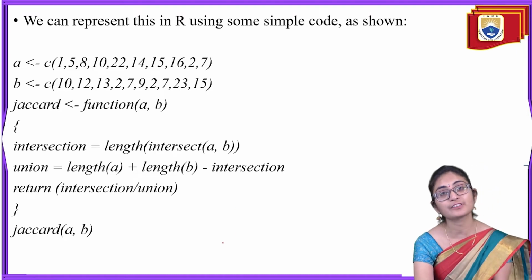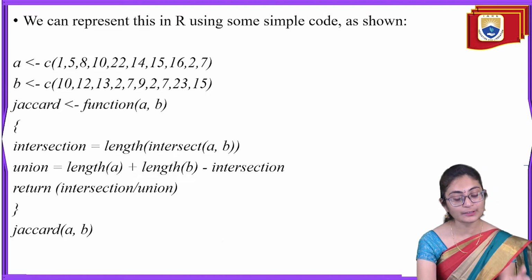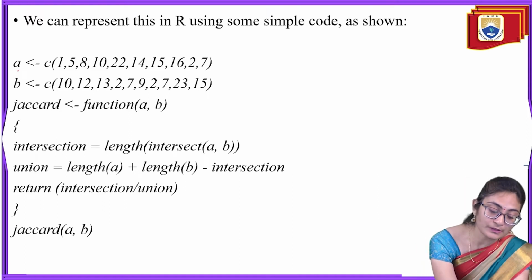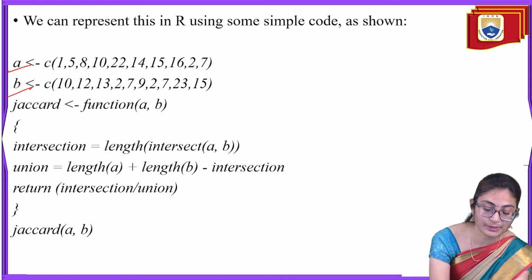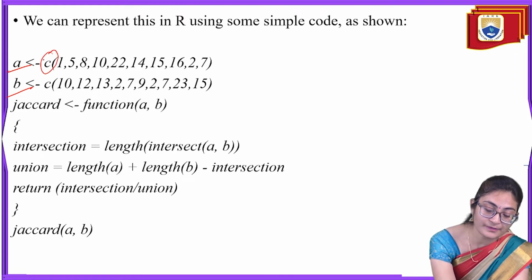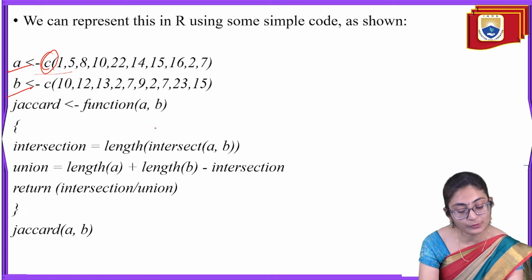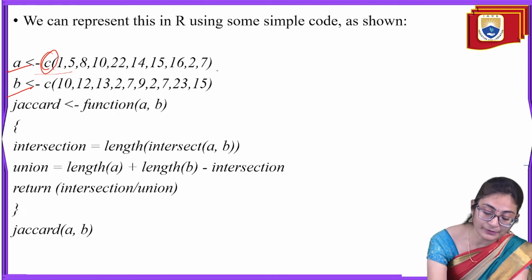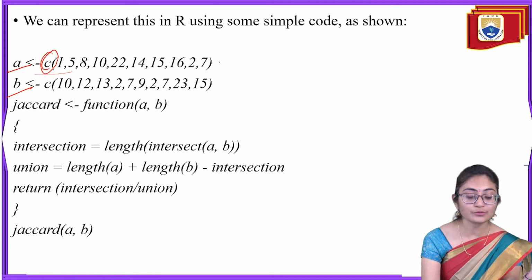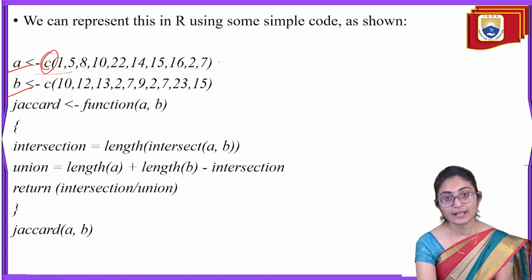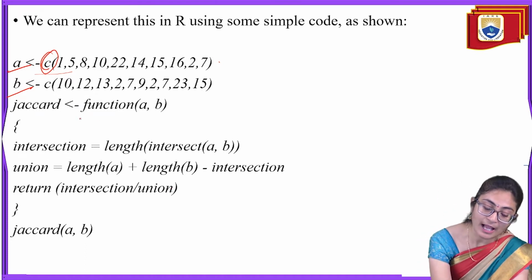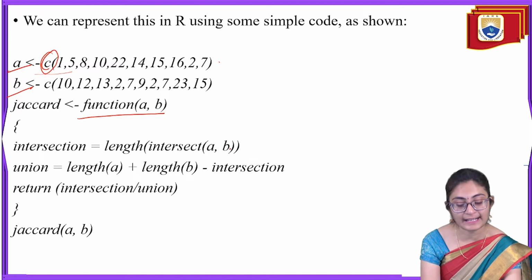We have to declare set A and set B. For this, we have set A and set B. I used the c function. By using the c function, we create the vector, and after creating the vector, we use the Jaccard function. In the function, I provided the sets A and B.